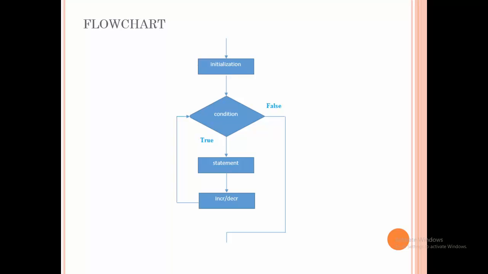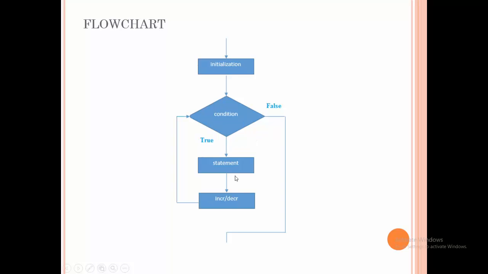This is the flow chart. As we saw in the syntax: initialization, and we have condition. If it is true, the statement will get executed, then the increment or decrement operator. After that, the condition is checked again until it becomes false.